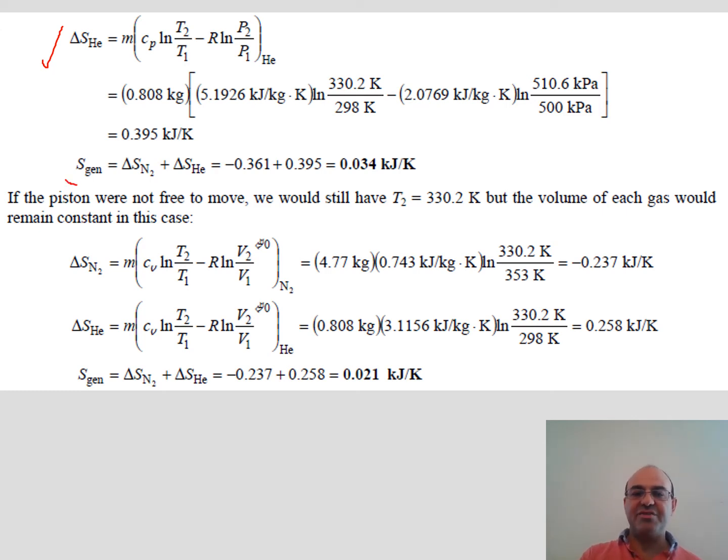And then the entropy generation would be the sum of these two entropy changes. As you see, one of them gains entropy, the other one loses. Nitrogen is losing heat, so its entropy decreases. Helium is gaining heat, its entropy increases, so the sum of these two must be positive because entropy generation is always positive.